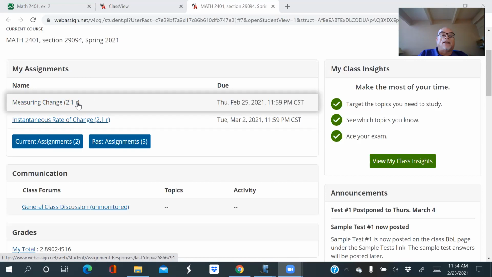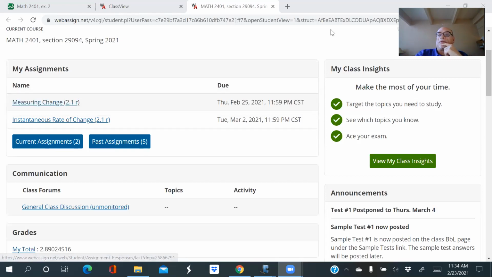So it's not due today. I still have the due date set for Thursday. And then also today we'll talk about instantaneous rates of change, I hope. And then we've got that homework coming up, and that's set for Tuesday, but we'll see how well we're doing on that one. But we should be able to finish that one, I think, by Tuesday.